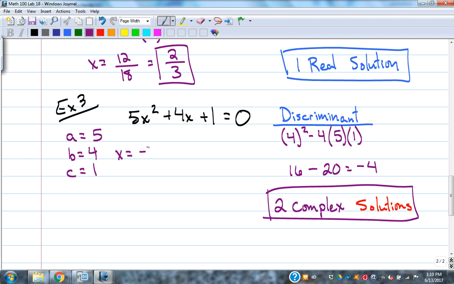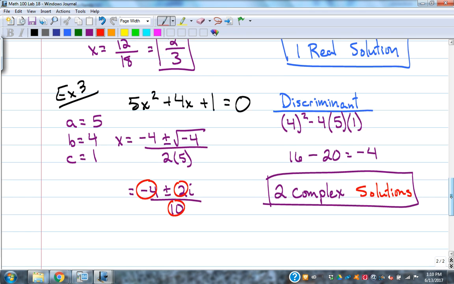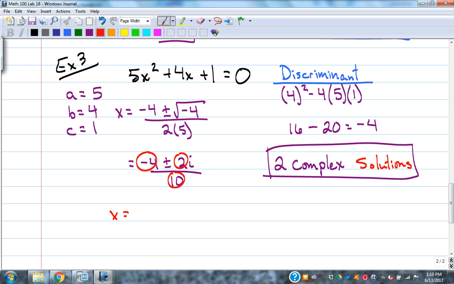x equals negative b plus or minus the square root of the discriminant, divided by 2 times a. It's negative 4 plus or minus 2i over 10. 4, 2, and 10 are all divisible by 2. So it'd be negative 2 plus or minus i over 5.